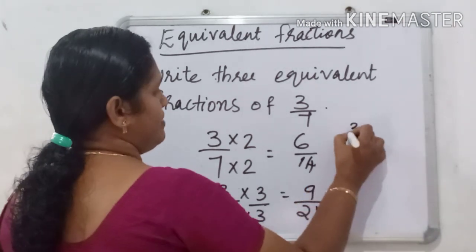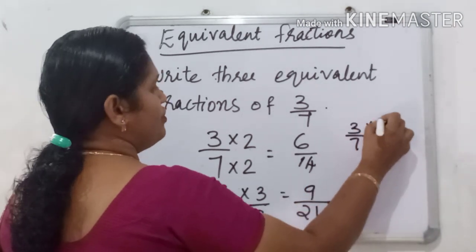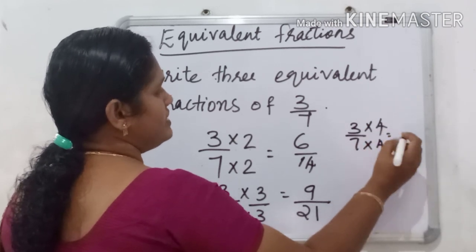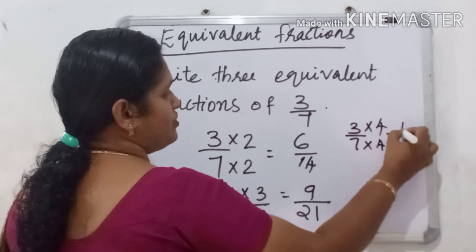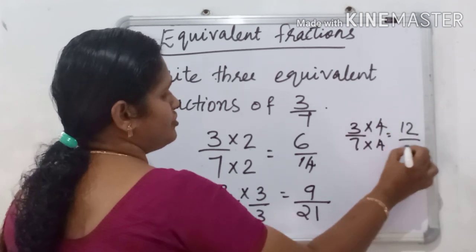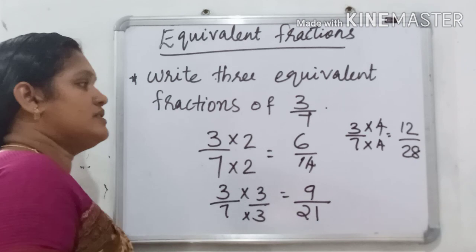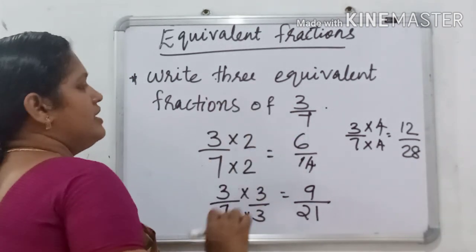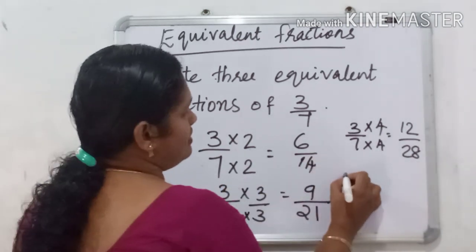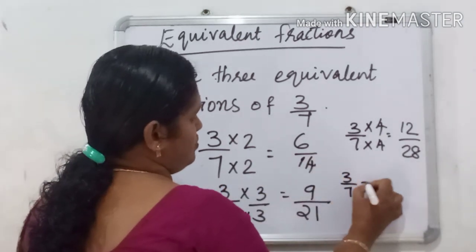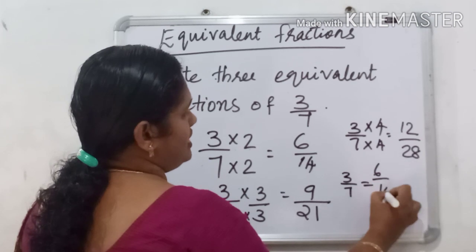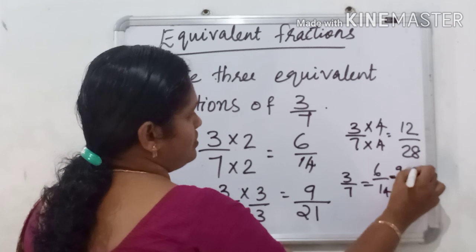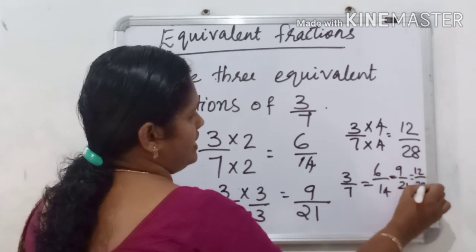Next, 3 by 7 into 4 by 4, which is equal to 3 4s are 12, 7 4s are 28. 12 by 28 is also an equivalent fraction of 3 by 7. So we can write here 3 by 7 is equal to 6 by 14 is equal to 9 by 21 is equal to 12 by 28.